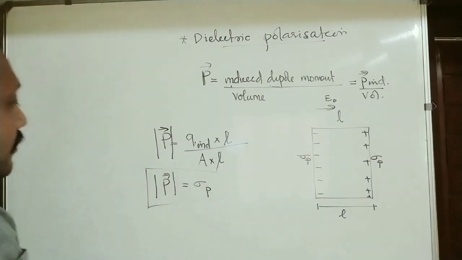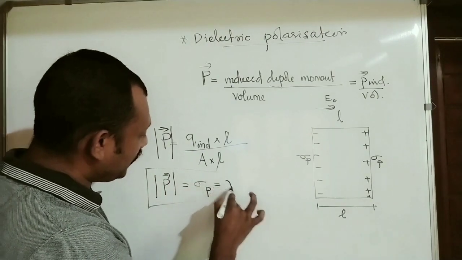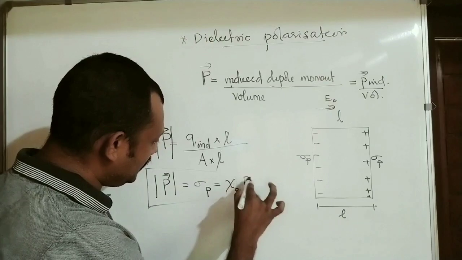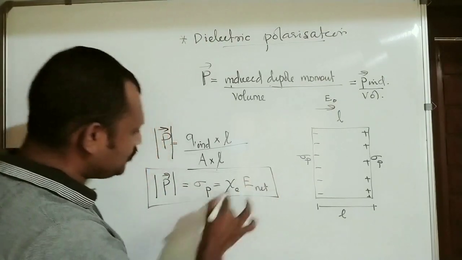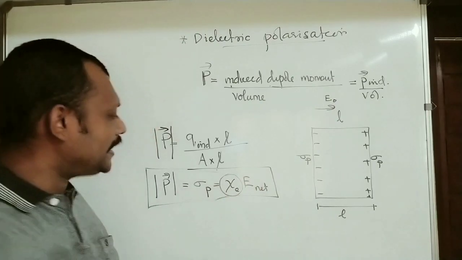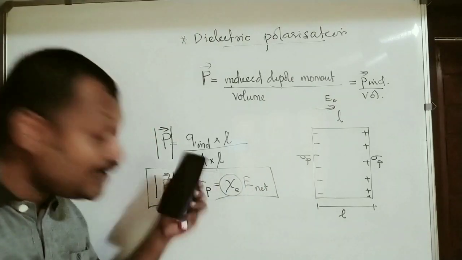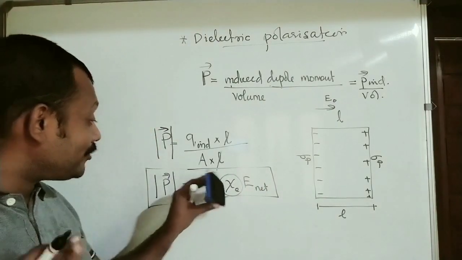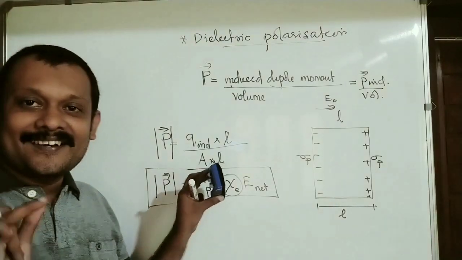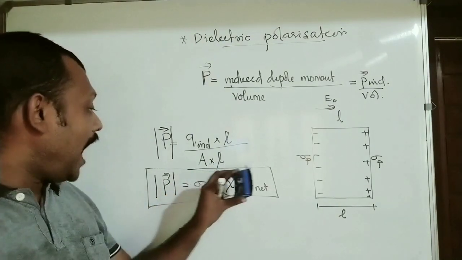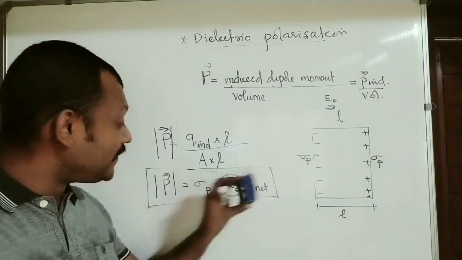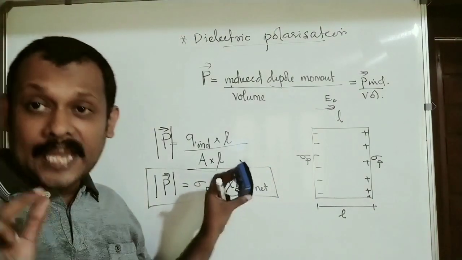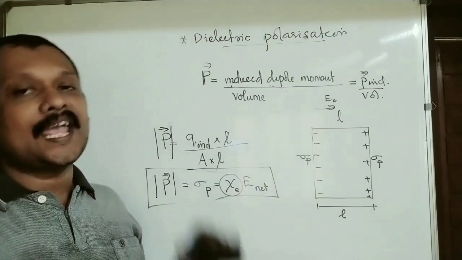This can also be written as chi E into E net, where chi E is called electric susceptibility. I'm sorry, this is a tongue-twisting word. E is the net field inside the dielectric.